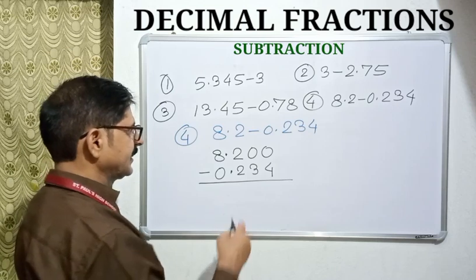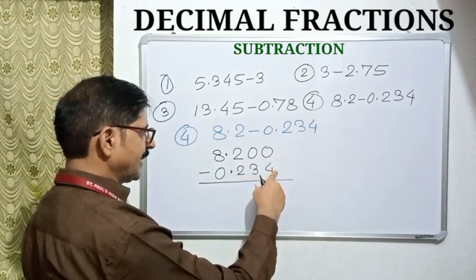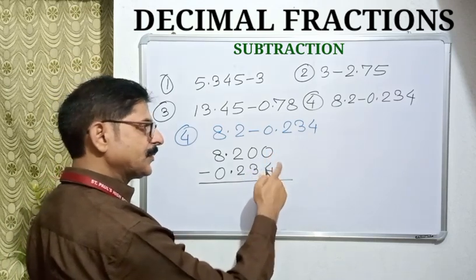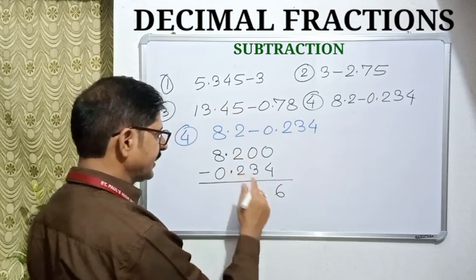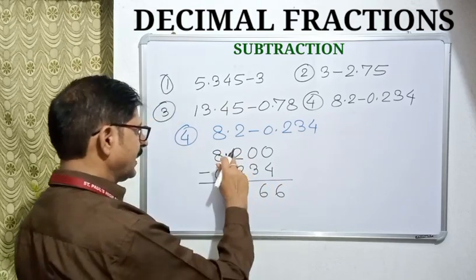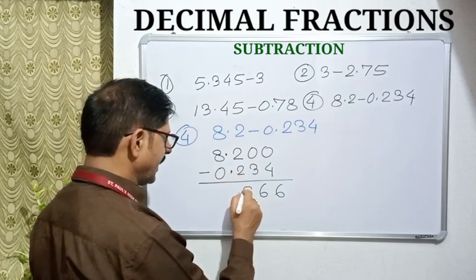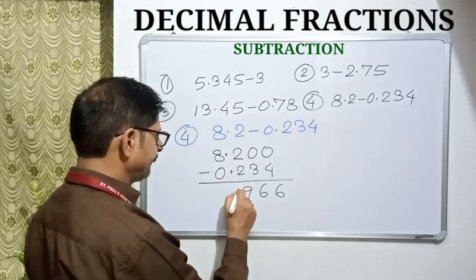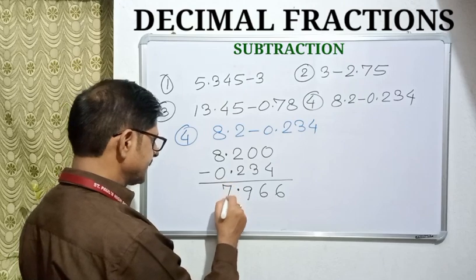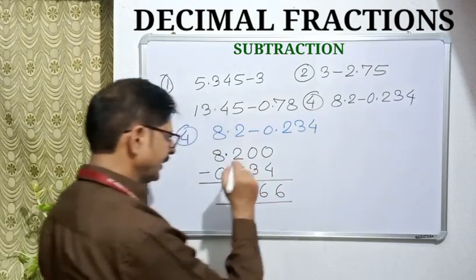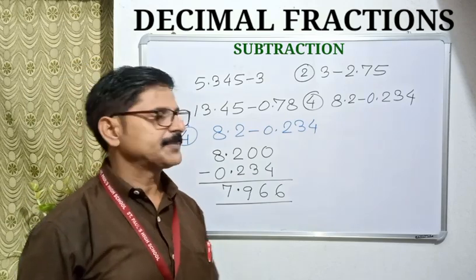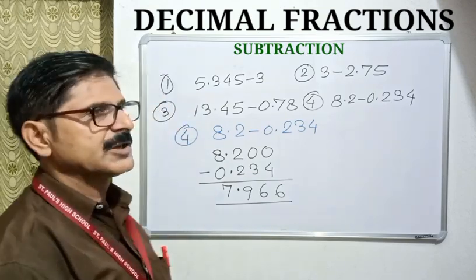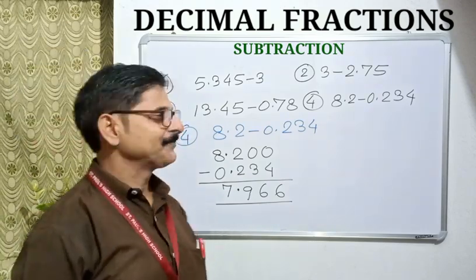Now subtract: 0 minus 4, that is 10 minus 4, 6; 9 minus 3, 6; 11 minus 2, 9; and here it is 7. I hope now you can operate upon addition and subtraction of decimal fractions with full confidence.